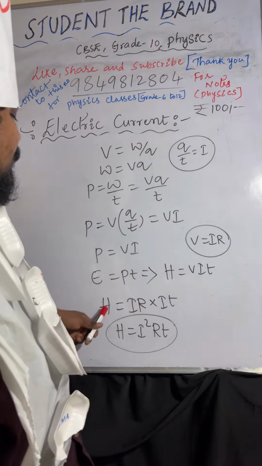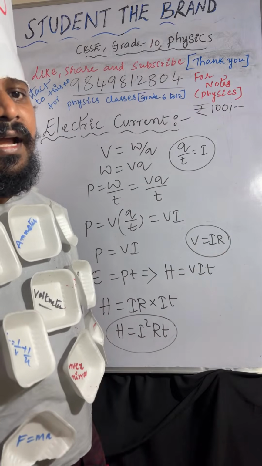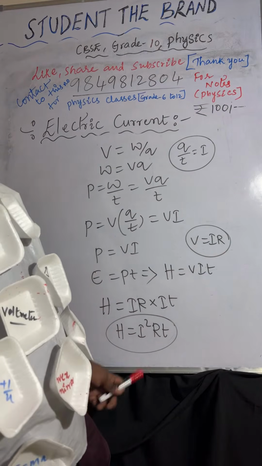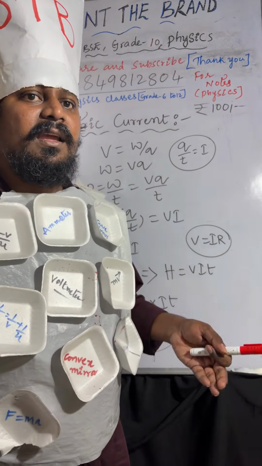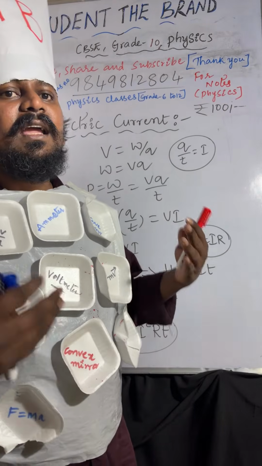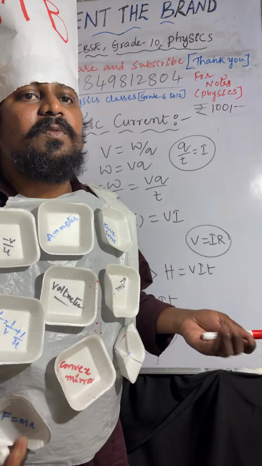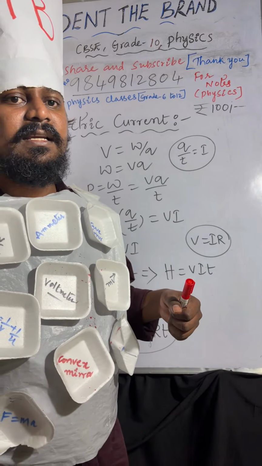Now H equal to IR into I into T, that is nothing but I square RT. Heat produced in the conductor is directly proportional to the square of current, directly proportional to resistance, and directly proportional to time. I hope it is very clear.